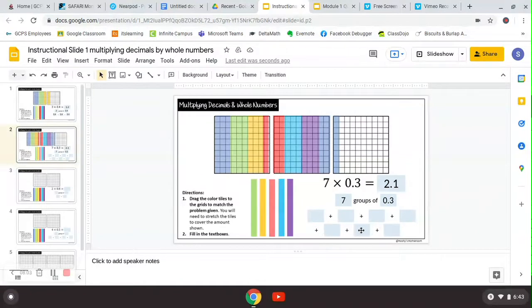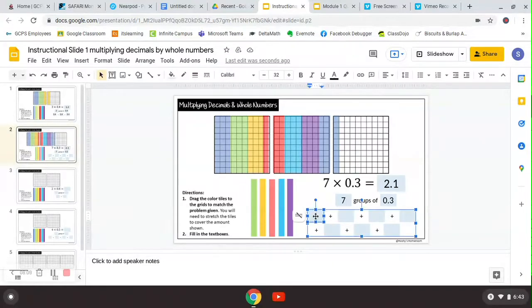Now, there's a really super long repeated addition problem here, where we can fill in that equation to show that 7 times 3/10 is the same as 3/10 plus 3/10 plus 3/10 plus 3/10. How many of these are we going to do? 7, because that's the problem here.